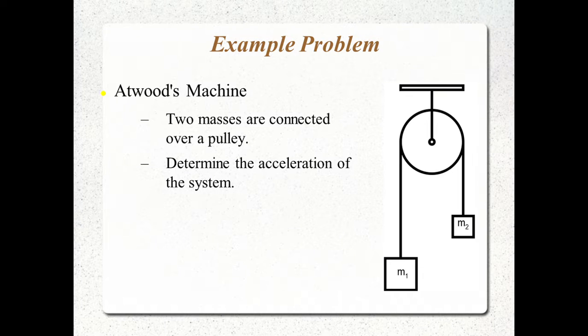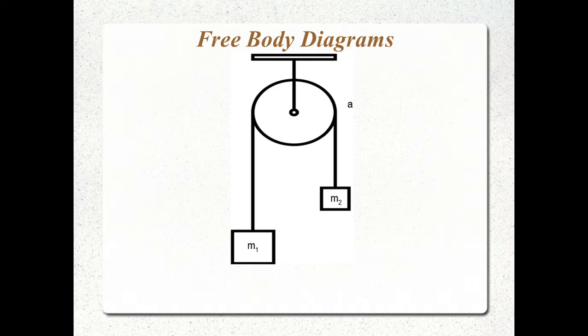So we're going to do an example with the idea of what's called Atwood's machine to determine what the acceleration of this object is. So here, just to indicate a free body diagram, how I'm going to type that up. The acceleration, we know mass 1 is bigger, mass 2 is smaller, so mass 1 is going to accelerate downwards, mass 2 is going to accelerate upwards.